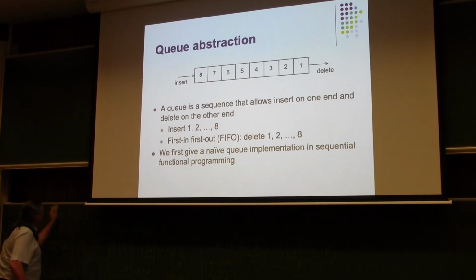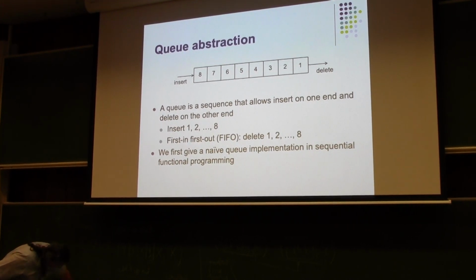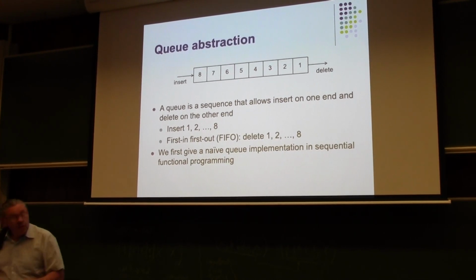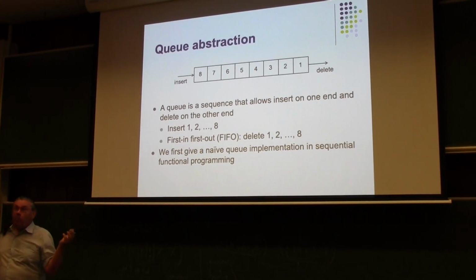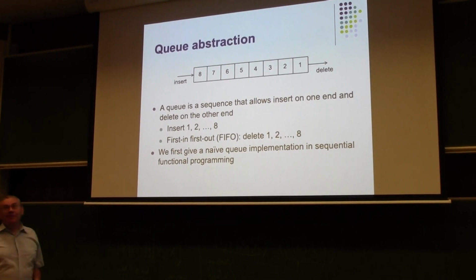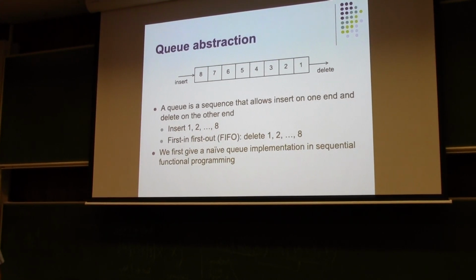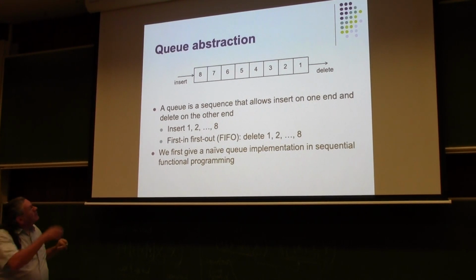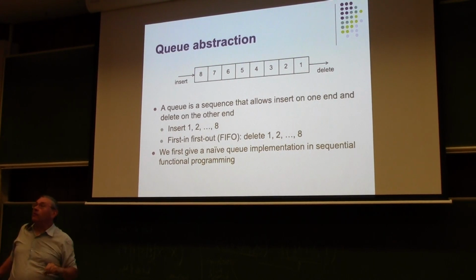So let me make some room on the board. So a queue, let me remind you what a queue is. A queue is a very simple abstraction. It's a sequence of elements where you can insert and delete. The insert happens on one side, and the elements come out on the other side.